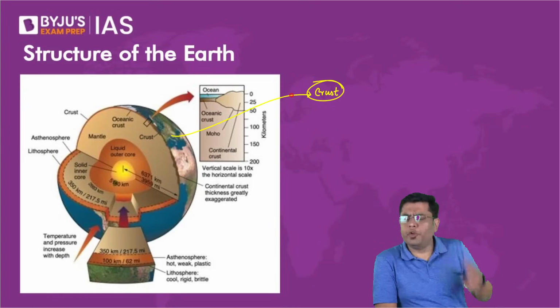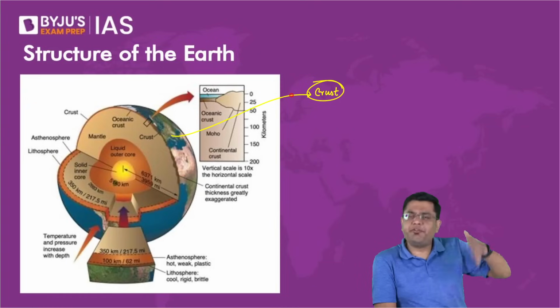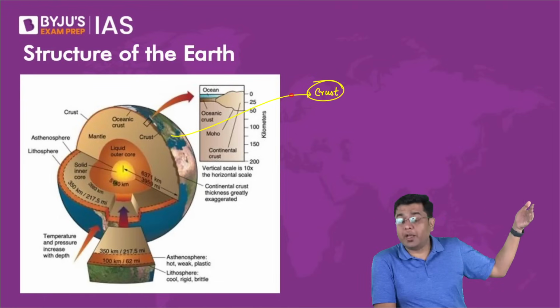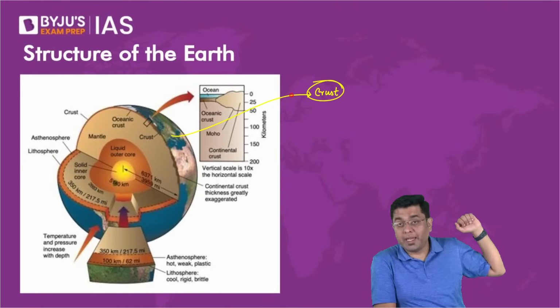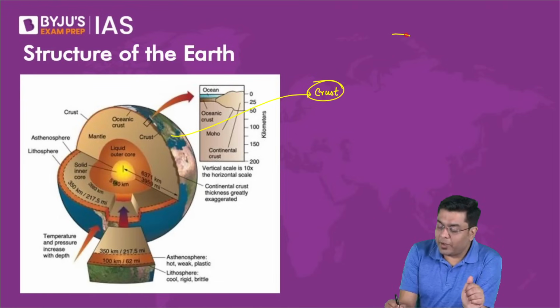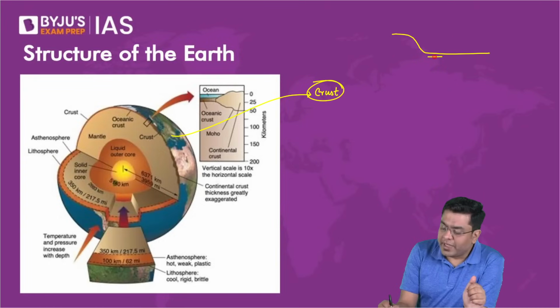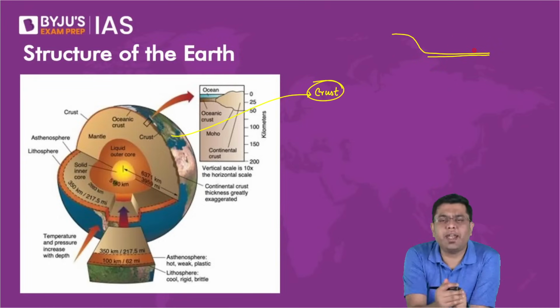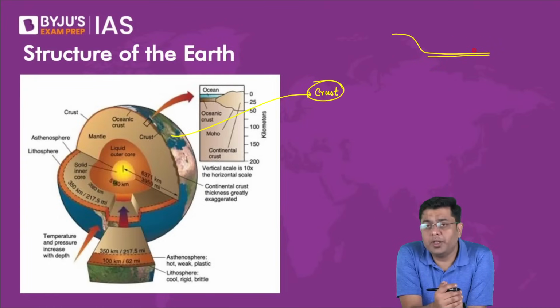Its depth is also not significant. Depending upon whether you are in a continental region or an oceanic area, in an oceanic area the depth of the crust is around 5 to 10 to 20 kilometers underneath the ocean, whereas in the case of the continents, it can be around 30 to 40 kilometers, or in general, 35 kilometers. That is all.